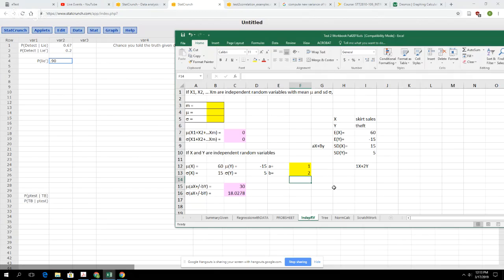Let's say you only want to add one random variable. Let's say this y is not what we're looking for. Let's say we really just only have skirt sales. But what we found is that we're going to do a markup. We're going to mark them all up by 20%. So there's our markup.